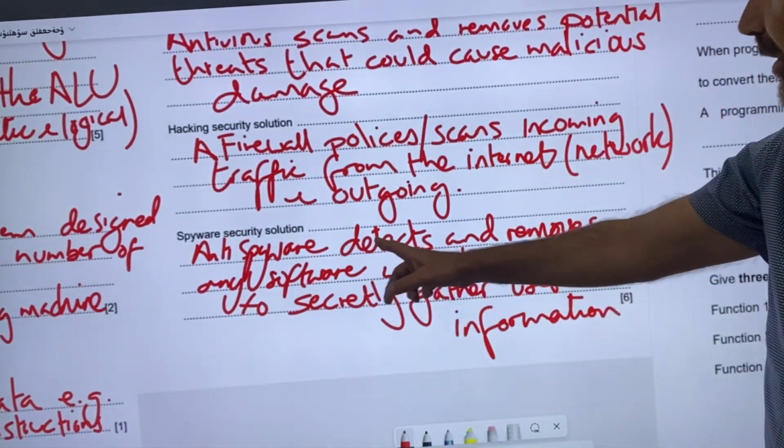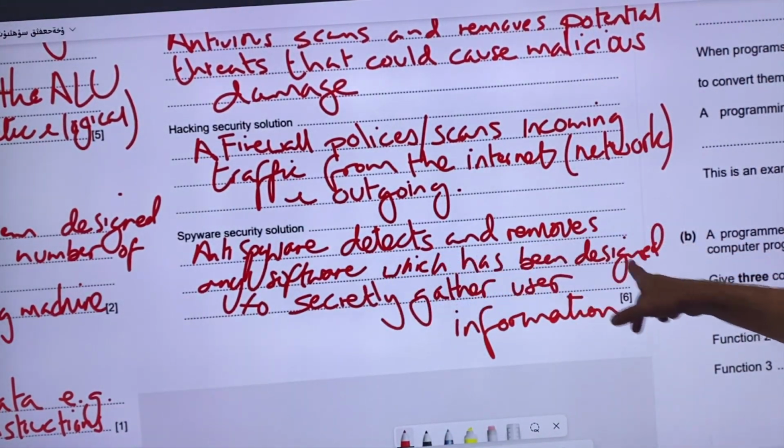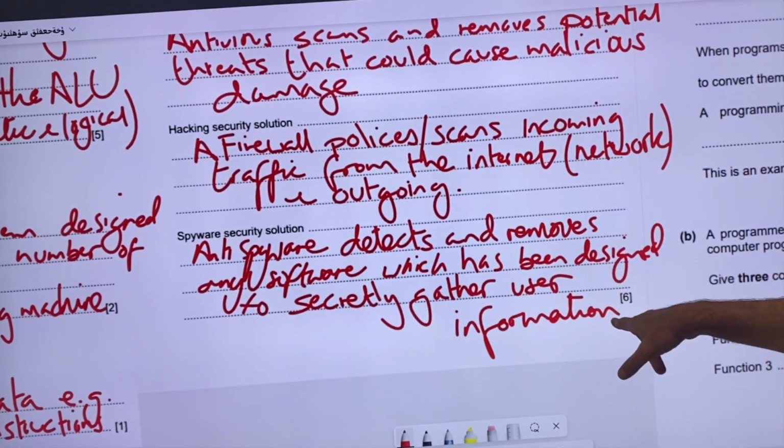Okay, anti-spyware detects and removes any software which has been designed to secretly gather user information.